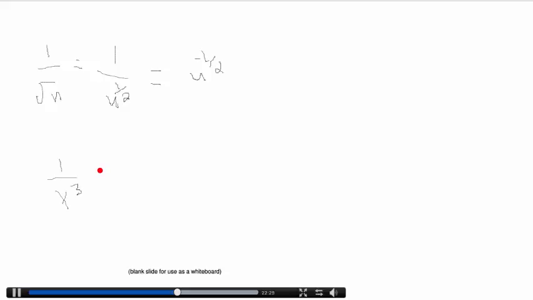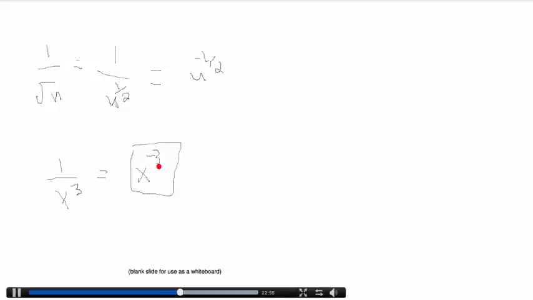If you take it to the numerator, this would basically be x to the power minus 3. Similarly for 1 upon u to the power anything, if you bring it on top to the numerator, the power becomes negative.